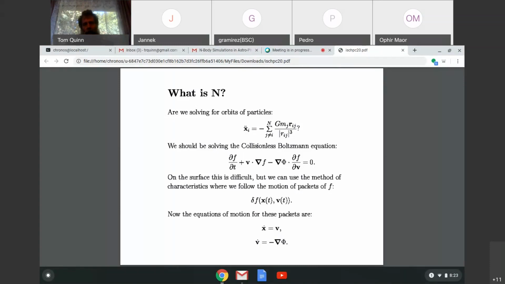And the equation for that probability distribution, called the phase-space distribution, is given by the collisionless Boltzmann equation shown there, which is essentially stating conservation of probability. So the partial derivative of the probability at one point is balanced by the flux of probability in configuration space.